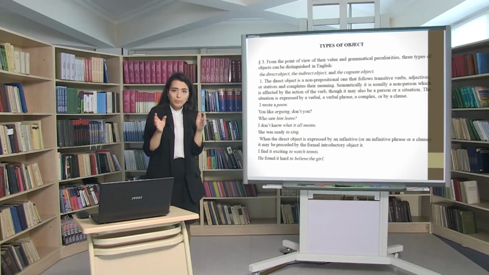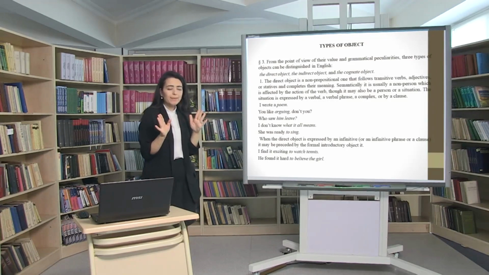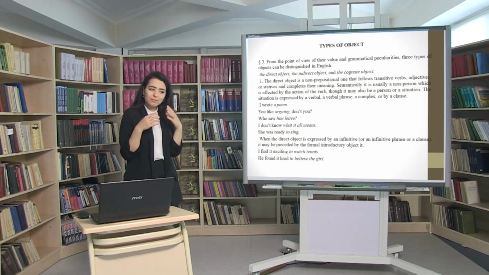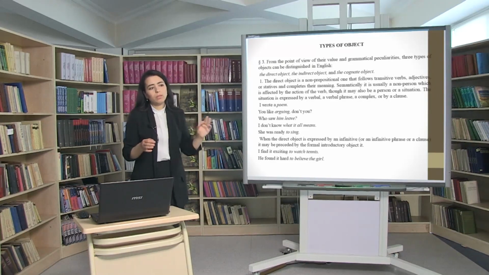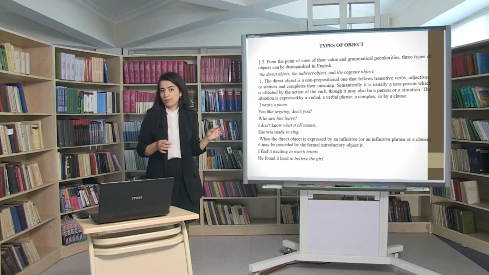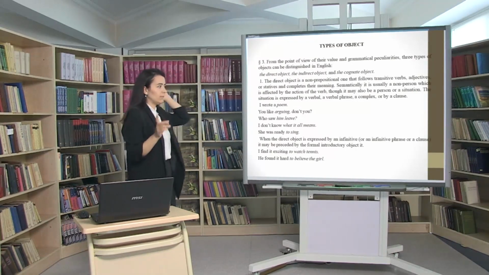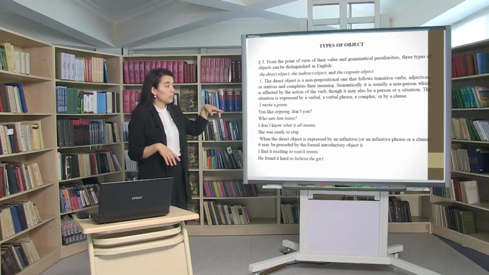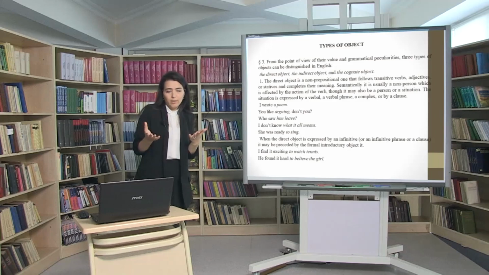Semantically, it's usually a non-person, but sometimes a direct object can be expressed by living beings. In some rare cases it can happen, but we cannot say that a direct object is used only with non-person notions. The situation is expressed by a verbal phrase, complex, or by a clause.